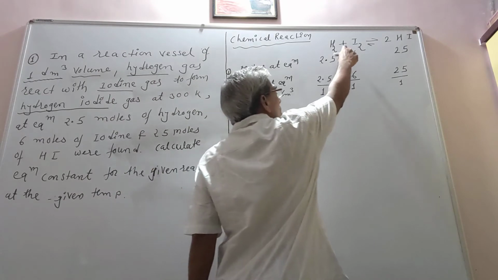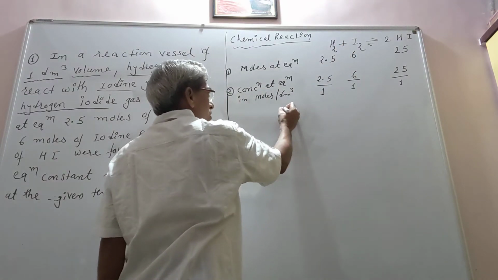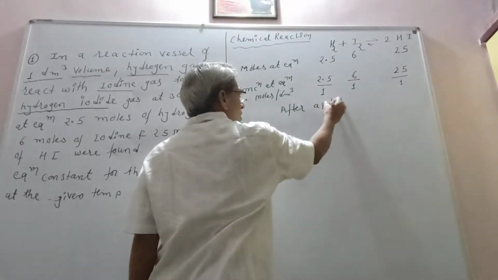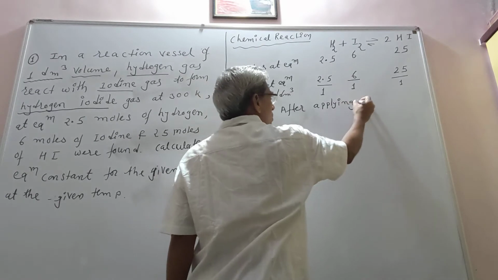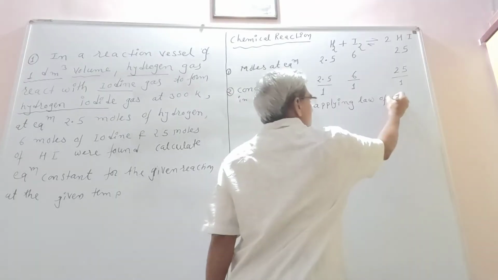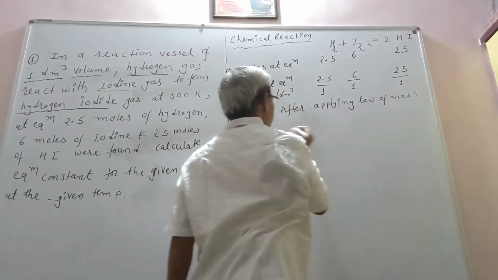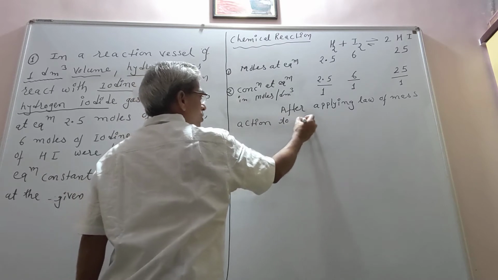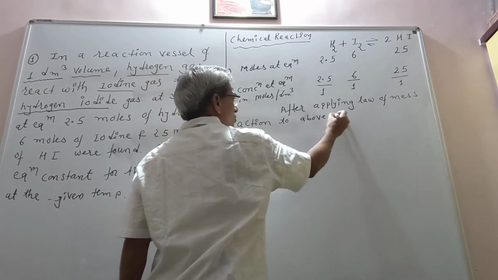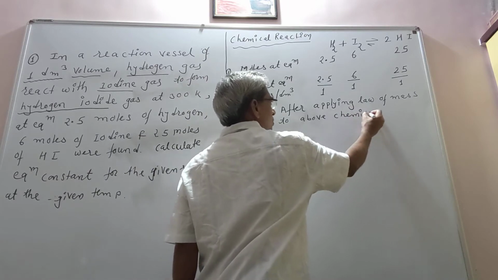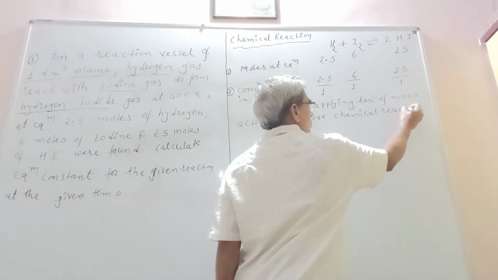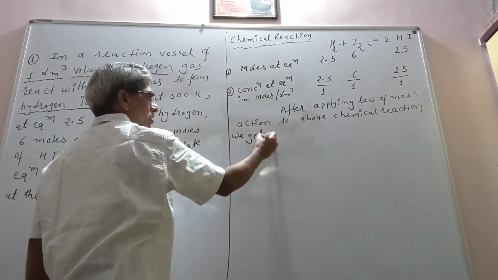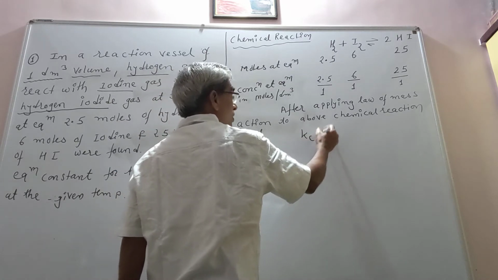Then apply the law of mass action to this reaction. After applying the law of mass action to the above chemical reaction, we get Kc equal to equilibrium constant.